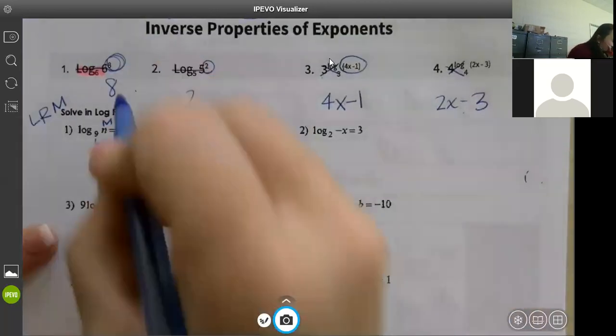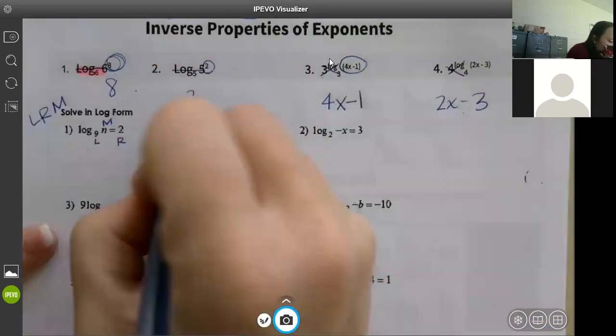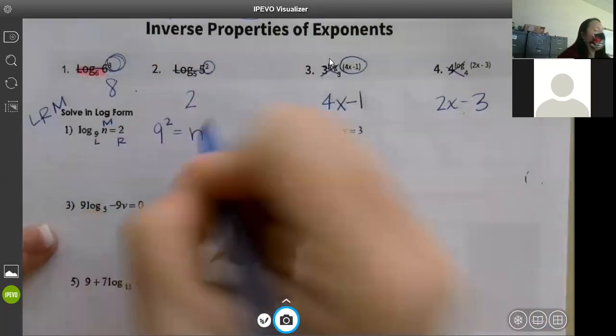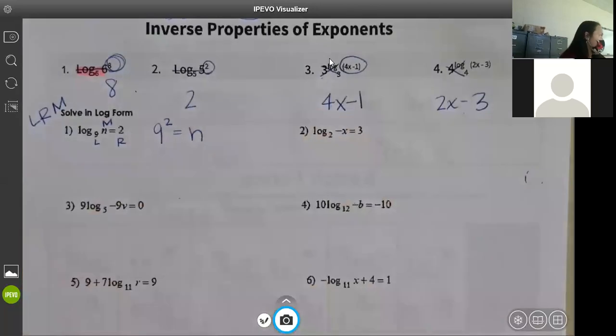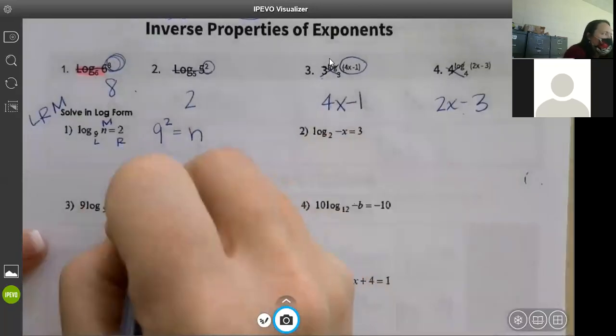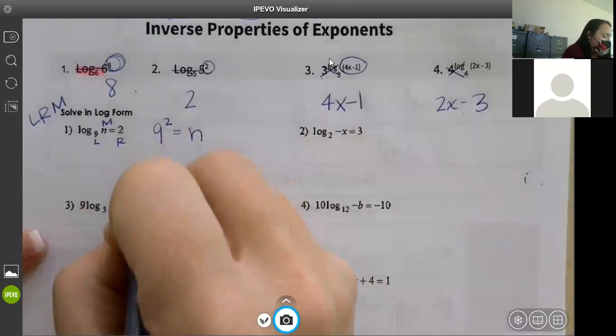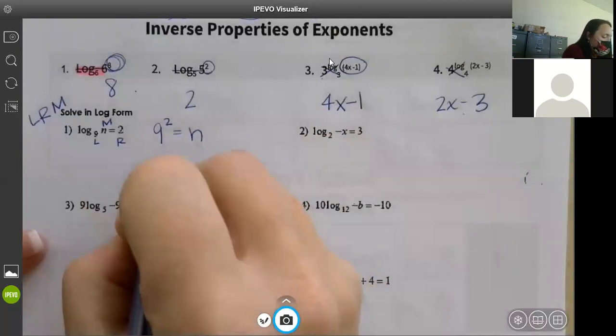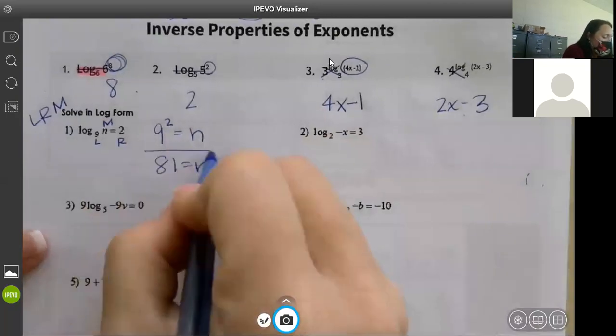You're going to raise it to the power of 2. And we're going to set it equal to the middle, which is n. What is 9 squared? 9 squared, not the square root. 81. That's it. That's how you solve that.